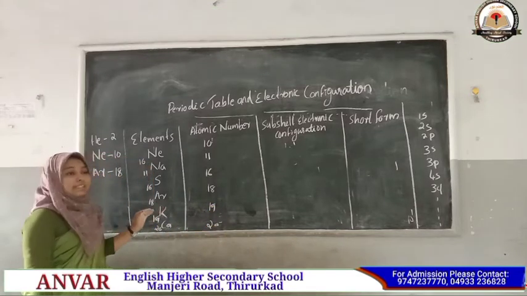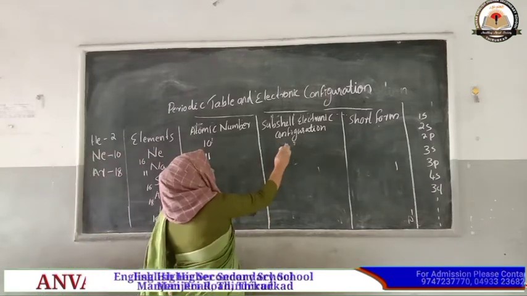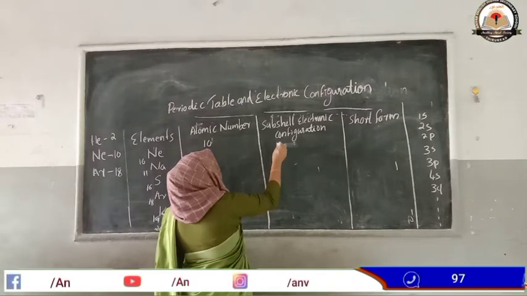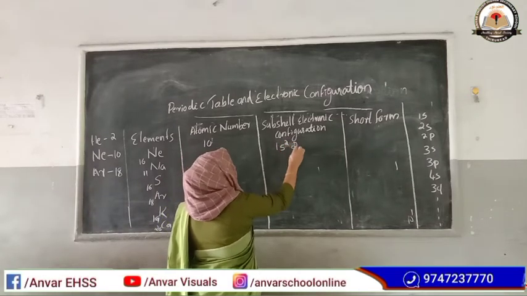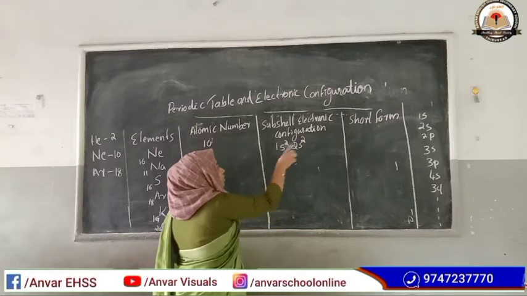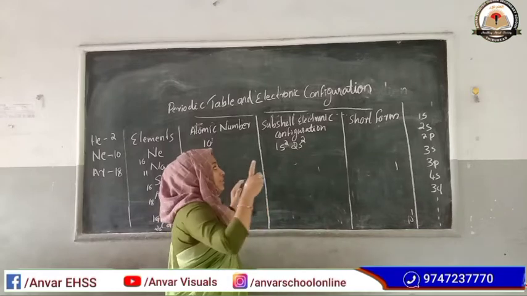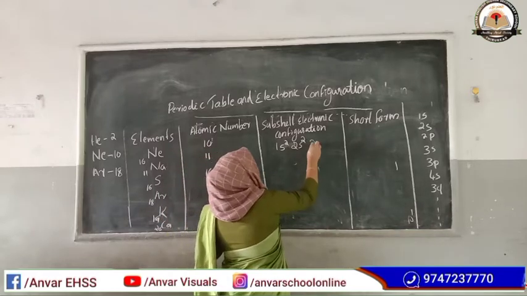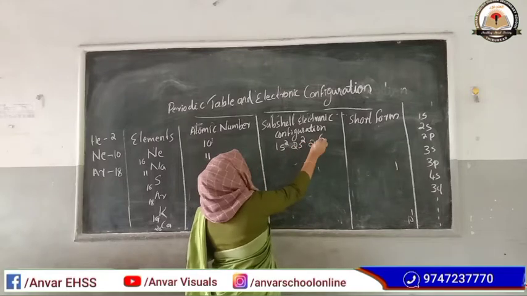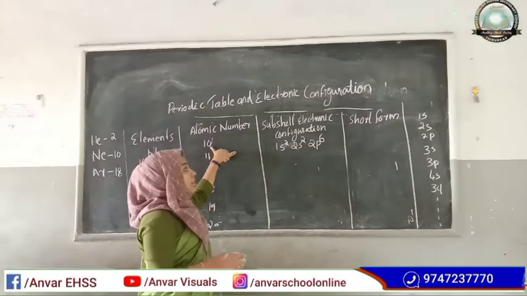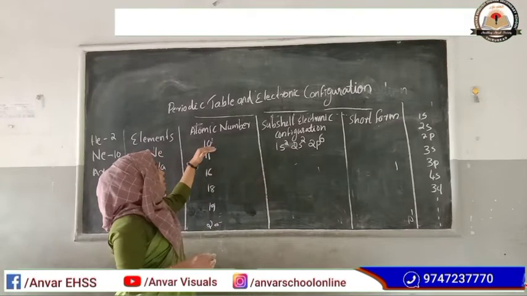And write the subshell electronic configuration. Tell me, all of you write. First electrons enter 1s2, then 2s2. How many electrons are filled in this? 4 electrons. The balance is 6 electrons, 2p6. 2 plus 6 equals 10. This is the subshell electronic configuration of neon.